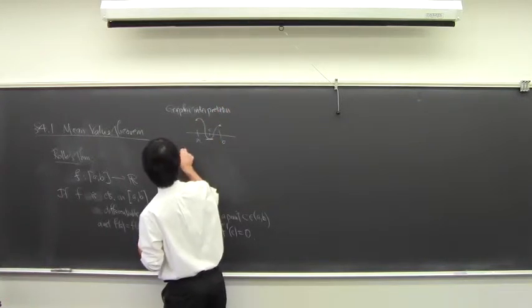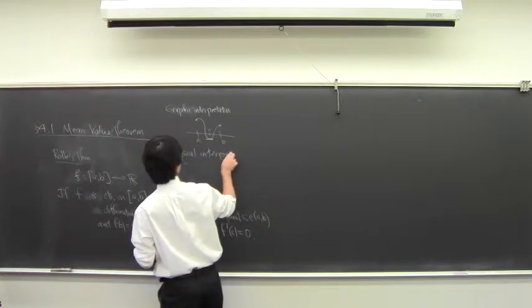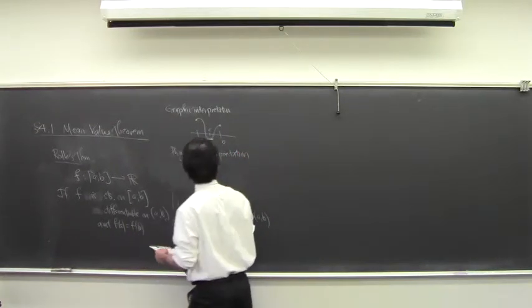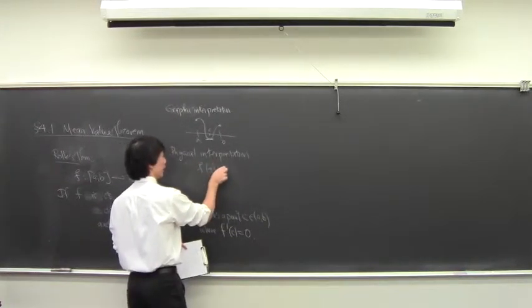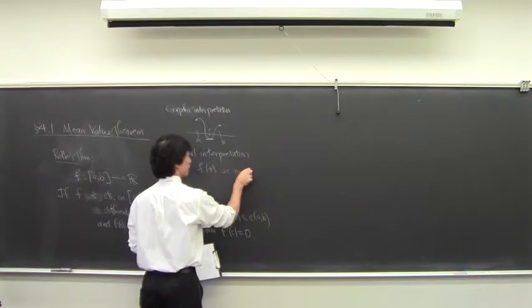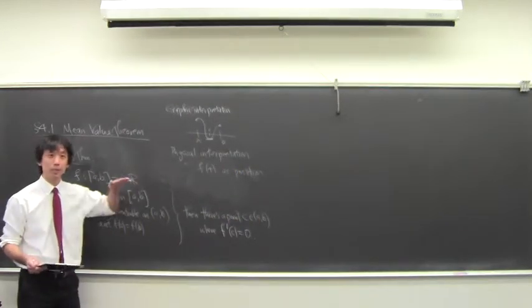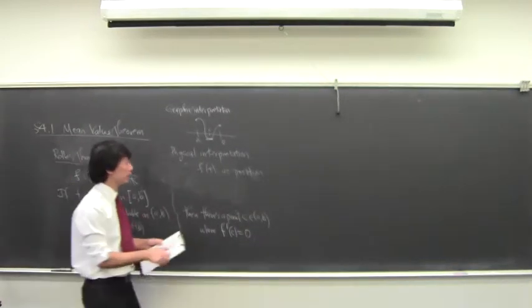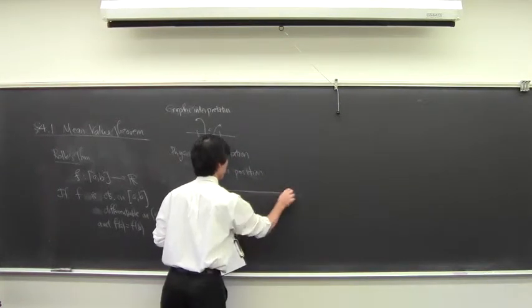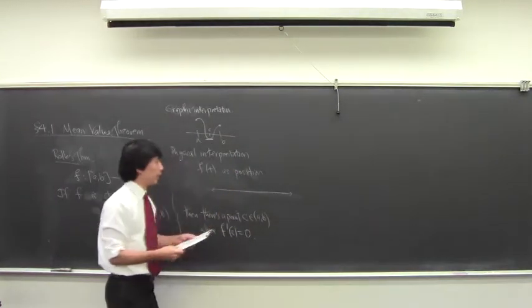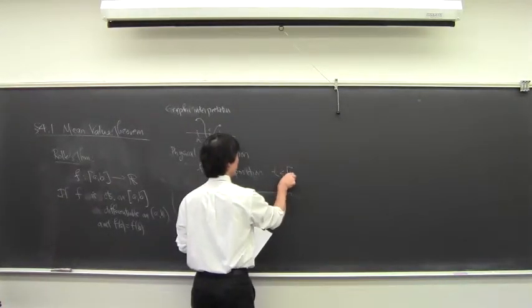As for the physics interpretation, if you're thinking of f as the position of a car on a track, so here's f, the car is moving along the track, and t is in the time interval a b.